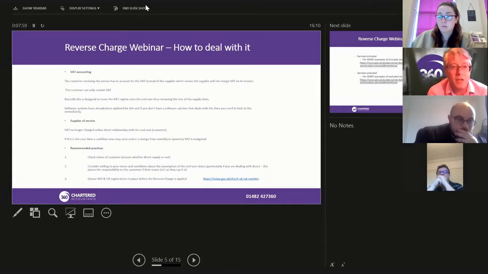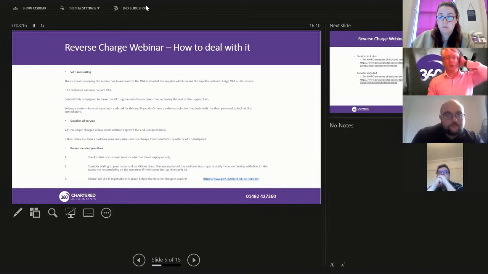So if you're a supplier of the service, that's no longer charged unless it's a direct relationship with the end user, the customer. And if this is the case, then there might be a cash flow issue, because previously, if you were dealing with suppliers, customers where you were charging VAT, clearly you get the VAT and then you have to pay it 3 months later.